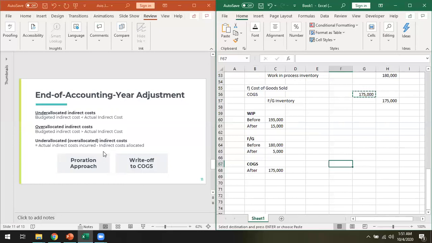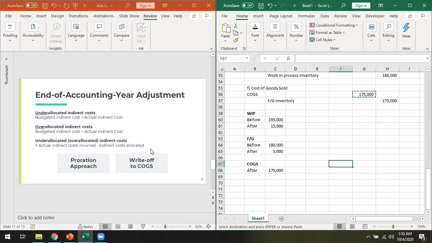If the result is positive, it means we under allocate the indirect cost, because the actual indirect cost incurred is higher than the indirect cost allocated.